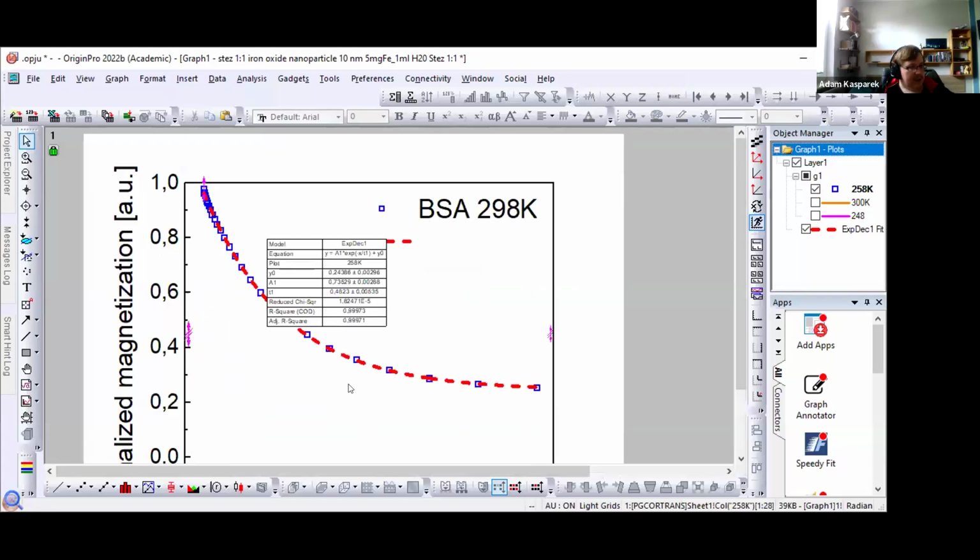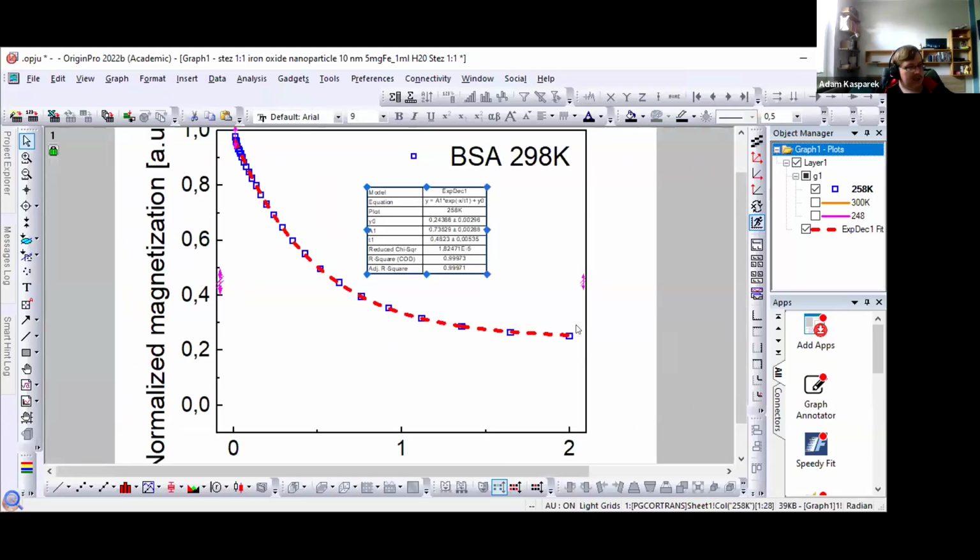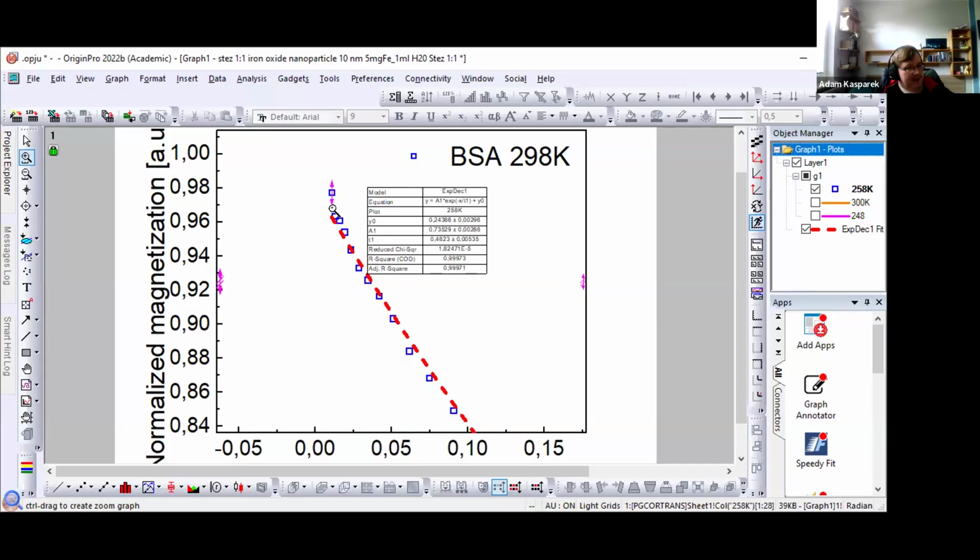Okay, so I am ordering it to fit, and as we can see, this result is very good because it goes here correctly, and if we come closer, it is also not perfect but aligned very well. We always have to check whether we can fit the magnetization properly with one exponent.